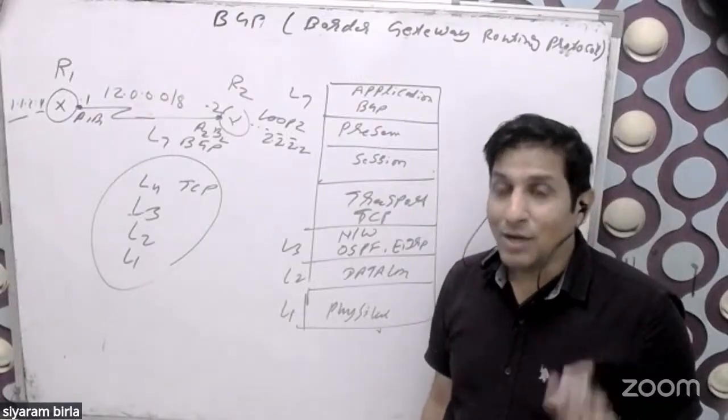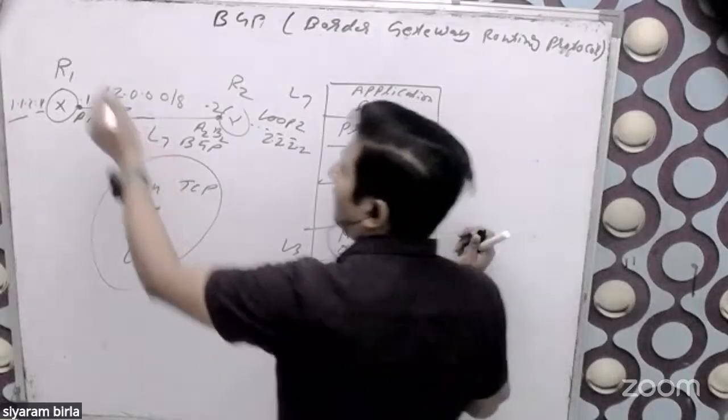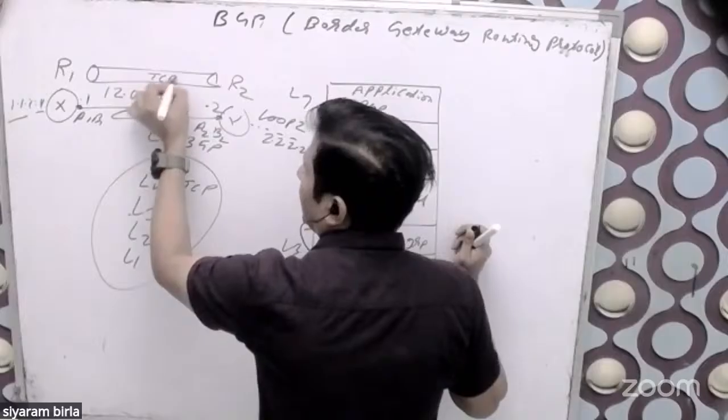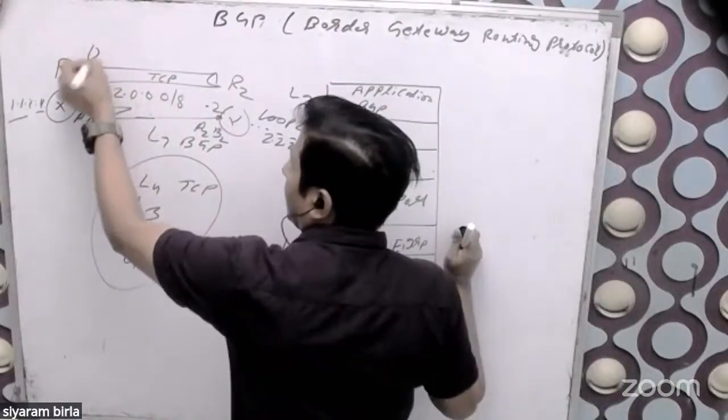First the TCP session will be up, meaning all 4 layers should be up, so TCP establishes its session. And over TCP, BGP will run.